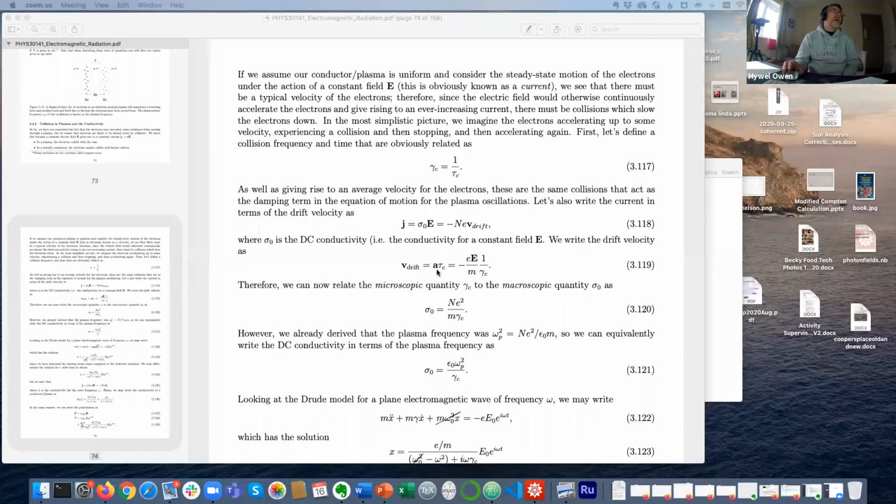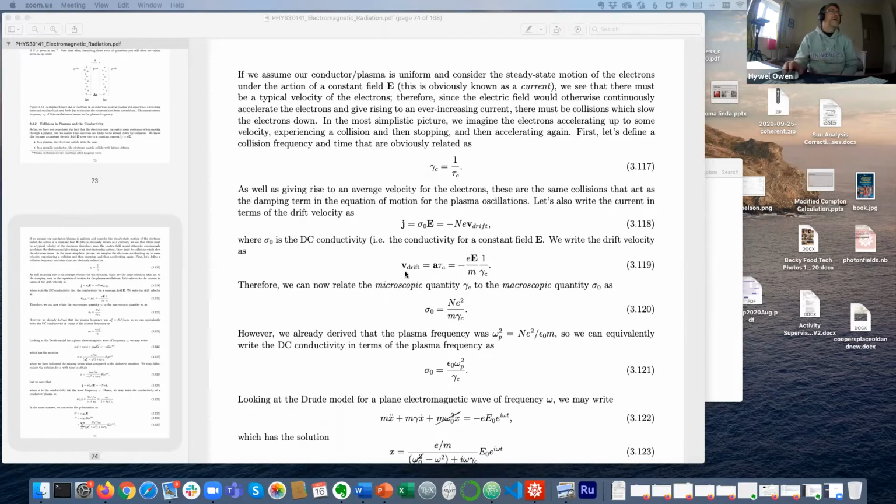And we said that if we had an acceleration applied to those electrons, which is due to the electric field of some externally applied field onto those electrons, we could relate the acceleration and the collision time together to arrive at something which has the dimensions of a velocity.